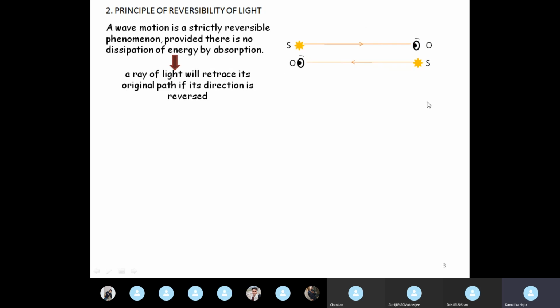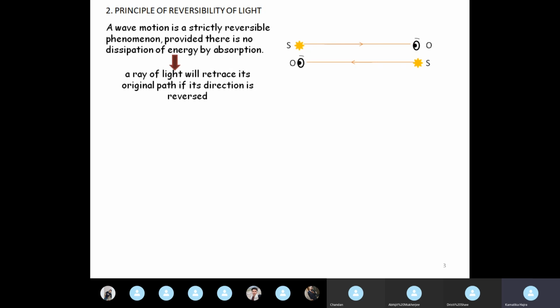If you just interchange the position of the source and the observer, what you simply need to do is change the direction of the arrow. Light will retrace the path. This is very simple but very important, because it's basically energy conservation, and it's very important in the things that we are going to study after this.